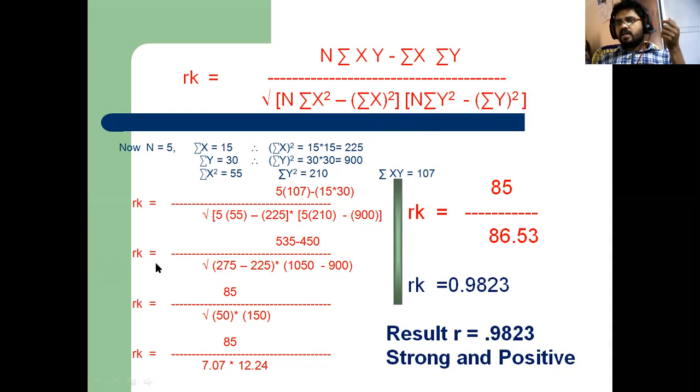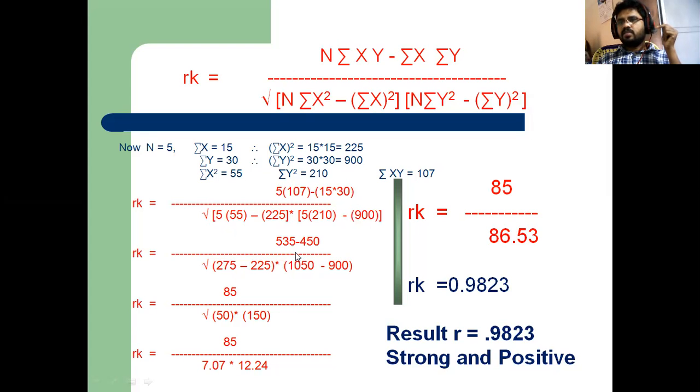Then next, RK is equal to 5 into 107, 535 minus 15 into 30, 450. Divide by under root 5 into 55, 275 minus 225 as it is. Then into, you can take as it is, 5 into 210, 1050 minus 900 as it is.